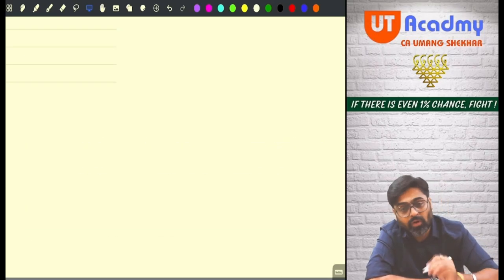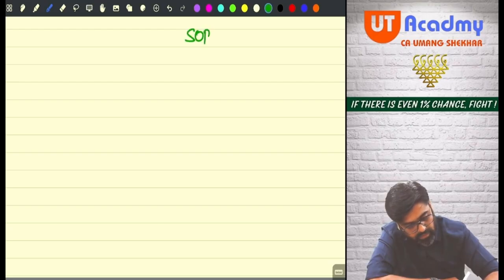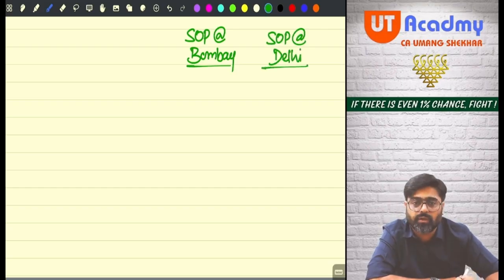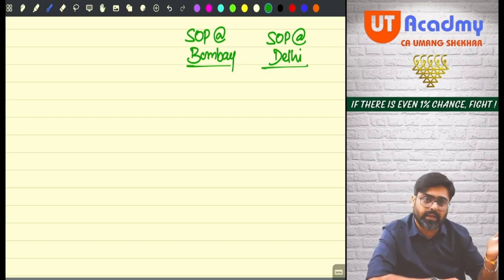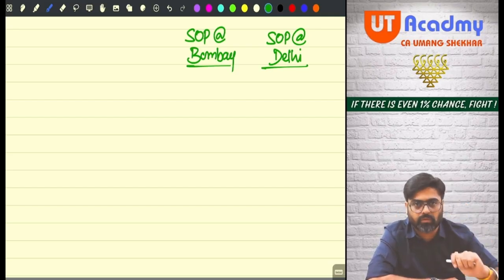But wait, how will you present it? Okay, now see, can I say SOP at Bombay is there and another SOP at Delhi is there. Sure? Both the SOPs, the GAV will be nil. And from that, interest on housing loan deduction will be there. Then the final amount will be a loss.